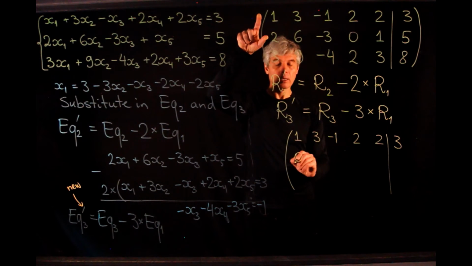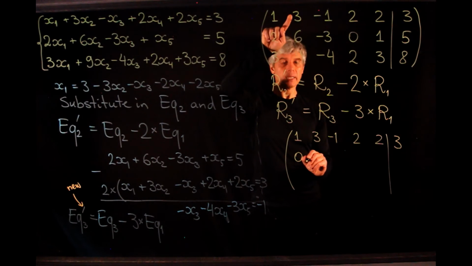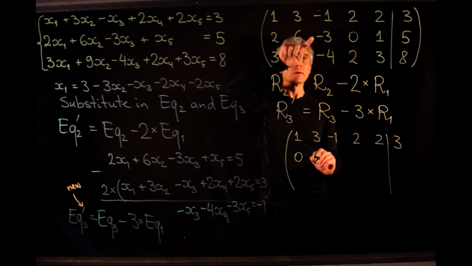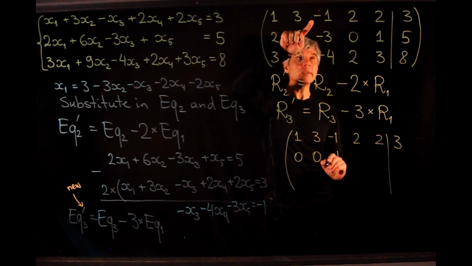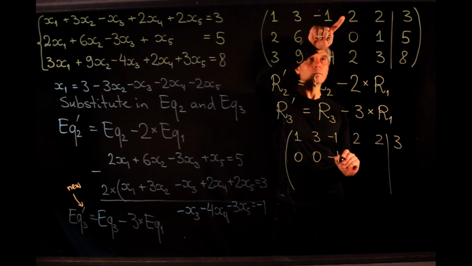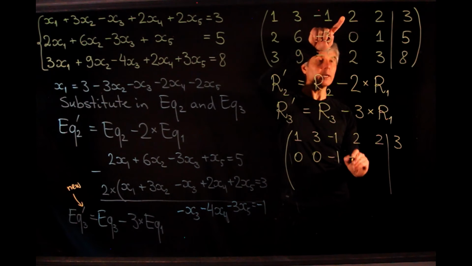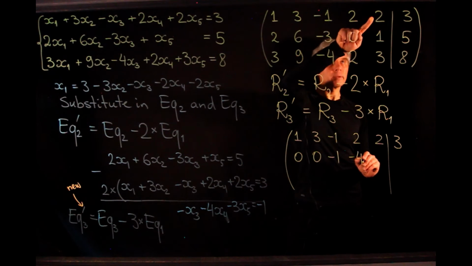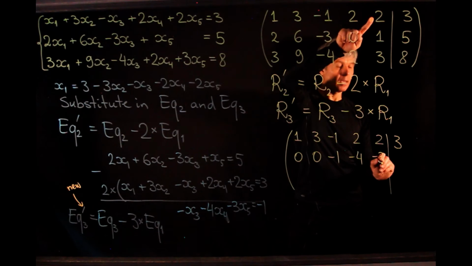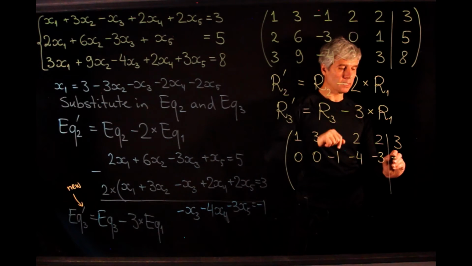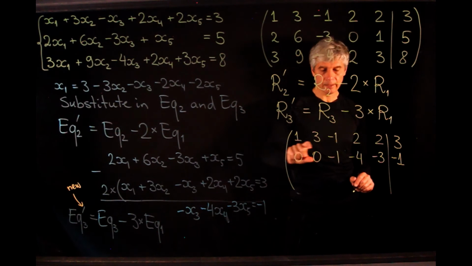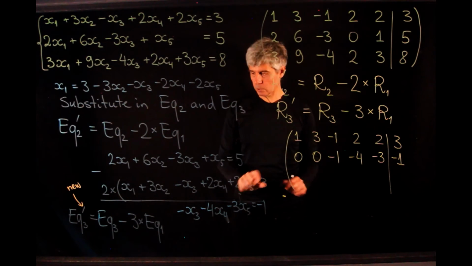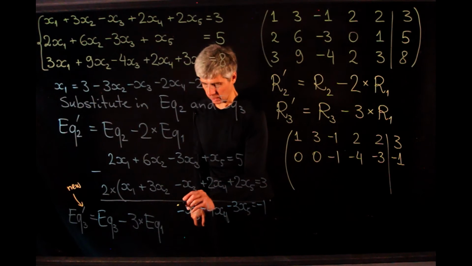So we get 0 here, 6 minus 6, that's 0. Minus 3 minus negative 2, that's minus 1. 0 minus 4, that's negative 4. And 1 minus 4, that's negative 3. And 5 minus 6 is negative 1. So we can see that this is exactly the row that corresponds to this equation here.